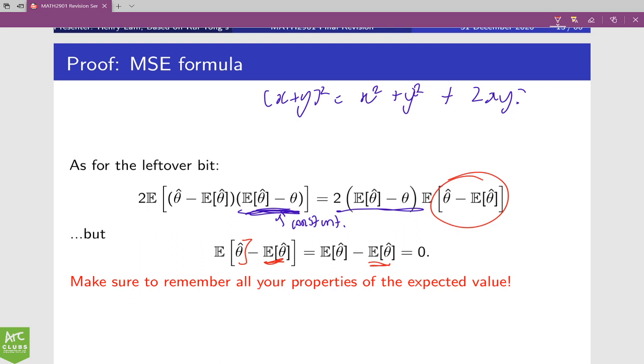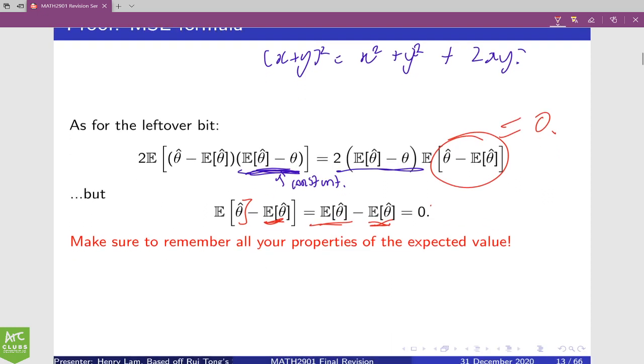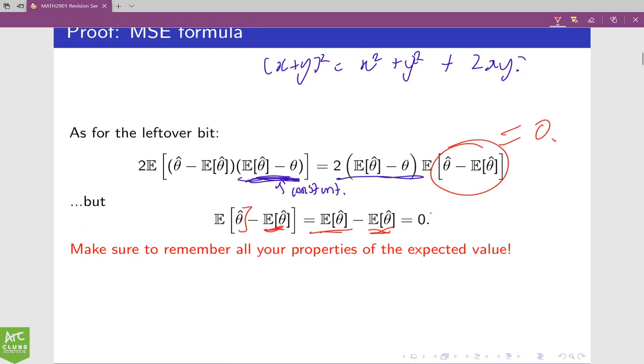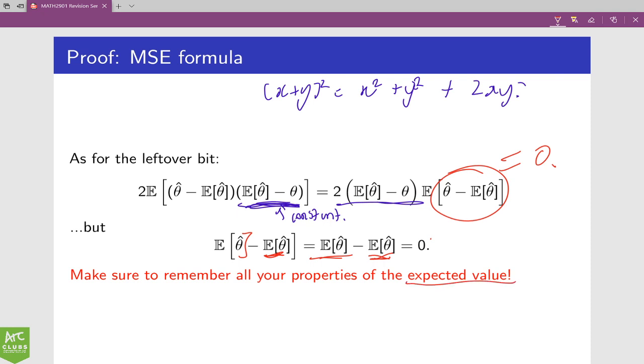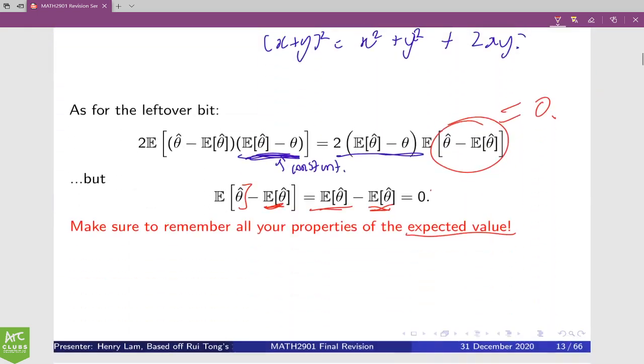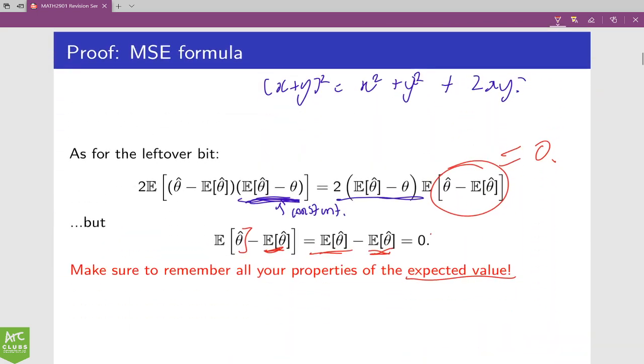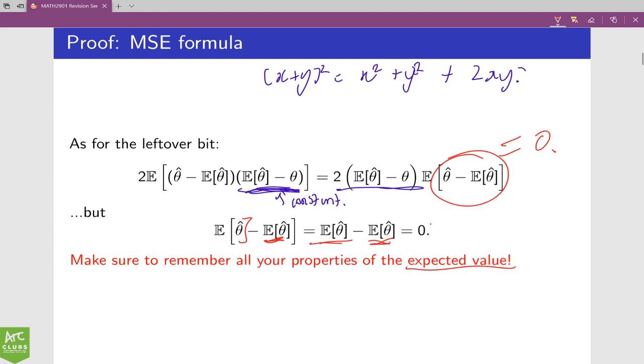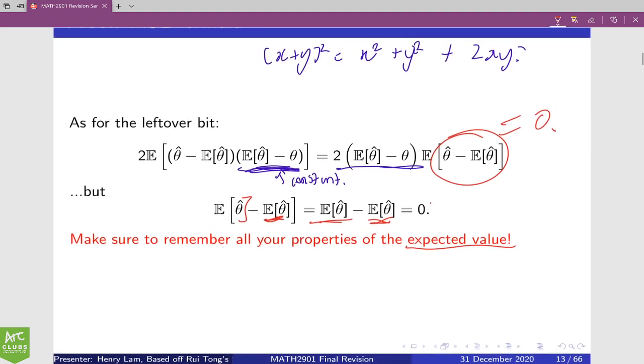But these two things are actually the same, so it turns out to be 0. So this red thing is 0. And as you see, this relies on you knowing the properties of expected values. You can take out constants, and it pretty much depends on how well you know expected values. This is something you probably need to know how to do.